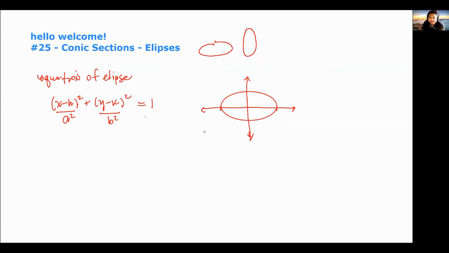Now, if you look at all the letters here, H, K is still the center of the ellipse. Now, this has a couple of other things. This is going to be the major axis.